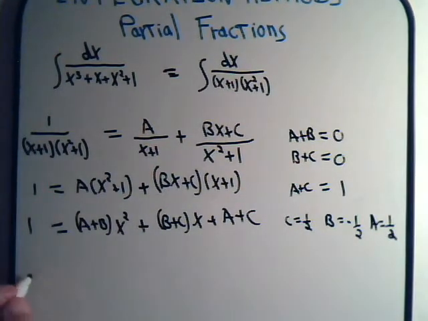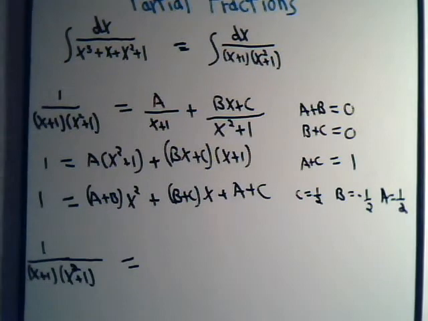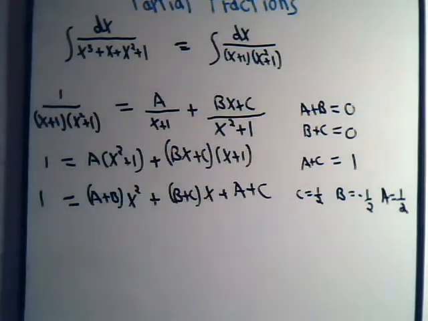So going back to this step, we have 1 over x plus 1 times x squared plus 1 is equal to, A is 1/2, so we're going to have that. While we're doing this, we'll just rewrite the whole integral.